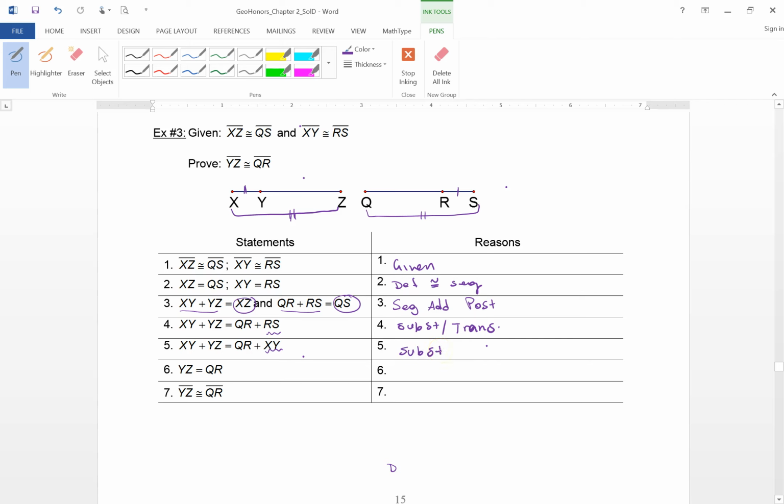Now, that means YZ is equal to QR. How did we go from here to here? Well, I subtracted the XY. So what I do is you subtract XY, you subtract XY. So this is subtraction.